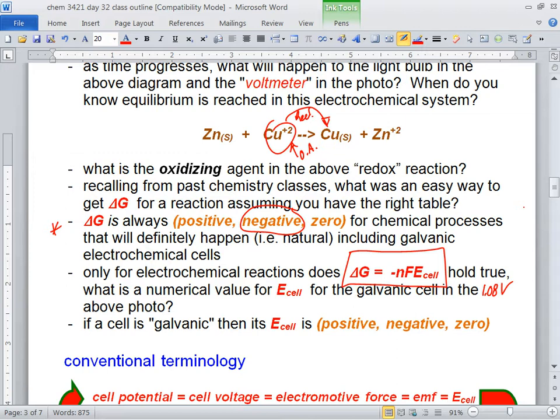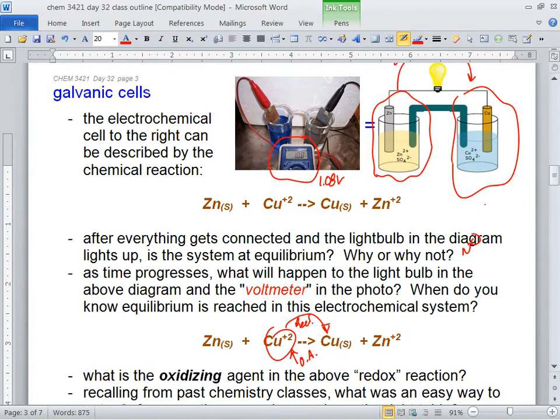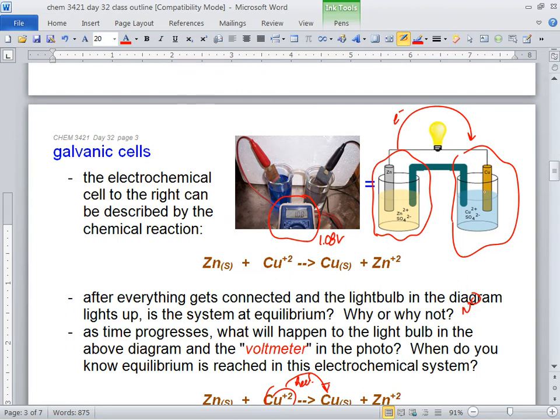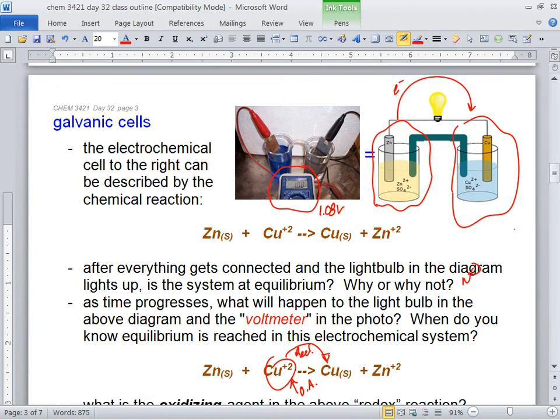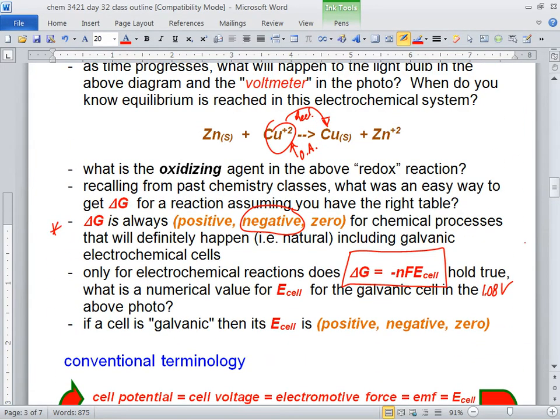You have to plug it in the wall. This oxidizing agent will not work unless you force it. That's electrochemical. Galvanic happens all on its own. The light bulb lights up just if you mix the right stuff and put the right stuff in the two half cells. So galvanic means it's just going to happen on its own.